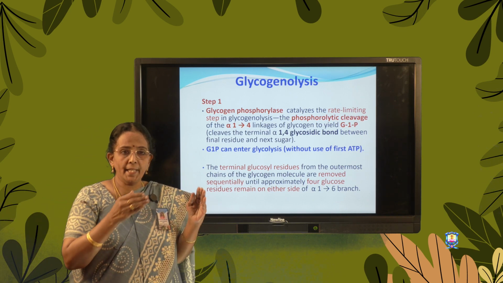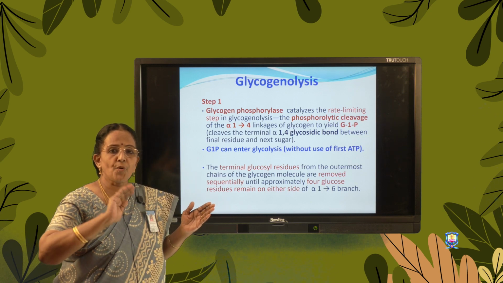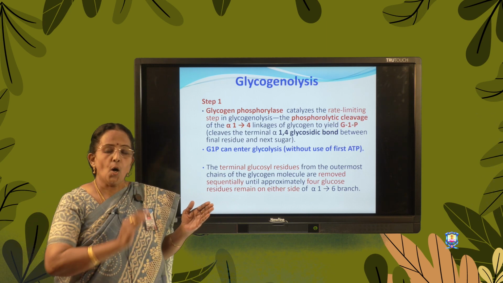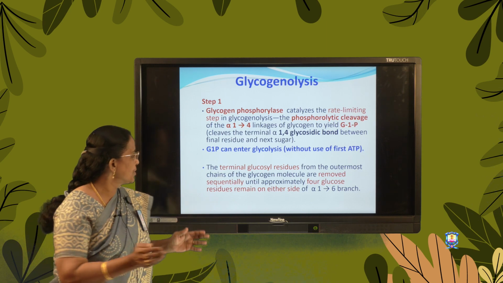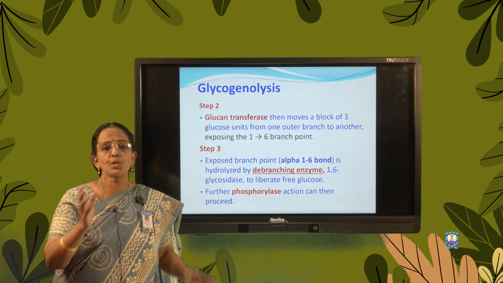So what will happen? The next one will become the terminal glucose. So that is again removed by phosphorylase. So phosphorylase will go on removing glucose from all the outer branches, until about 4 glucose residues are left on either side.